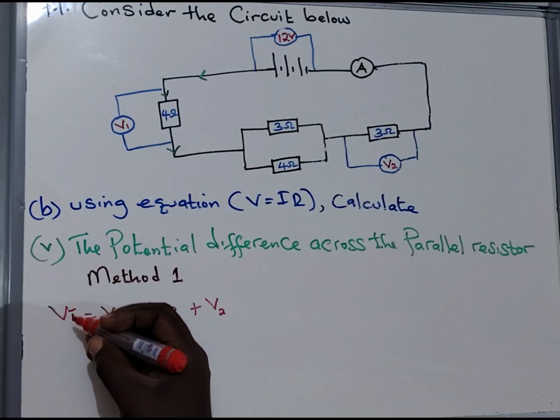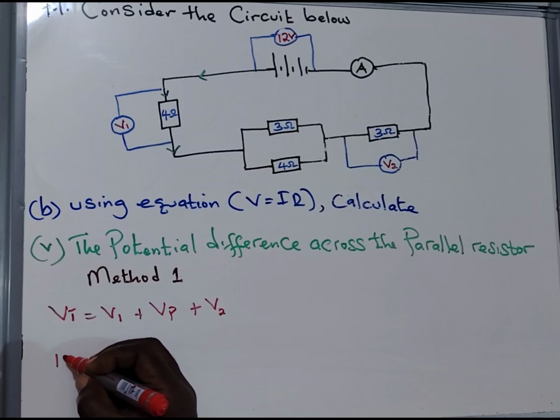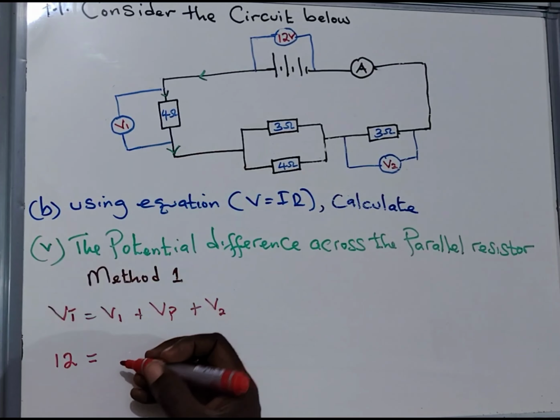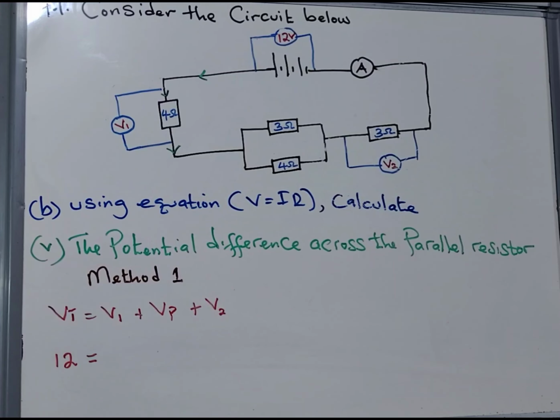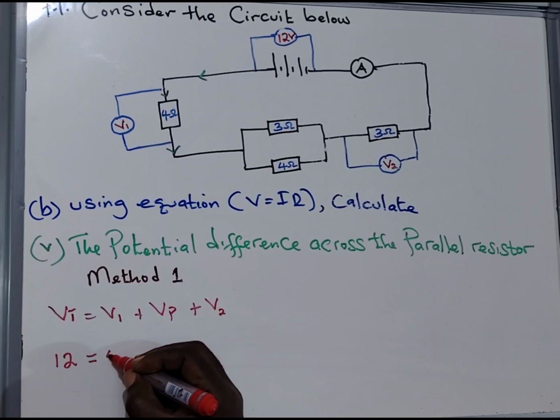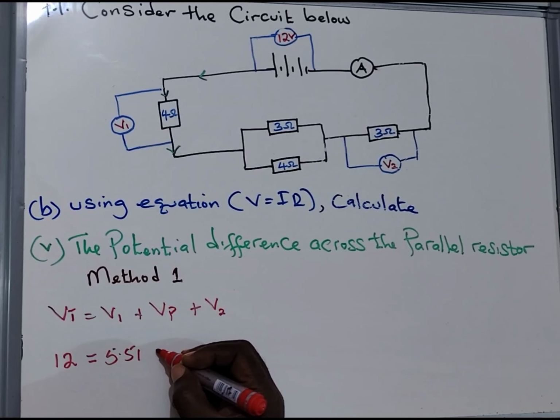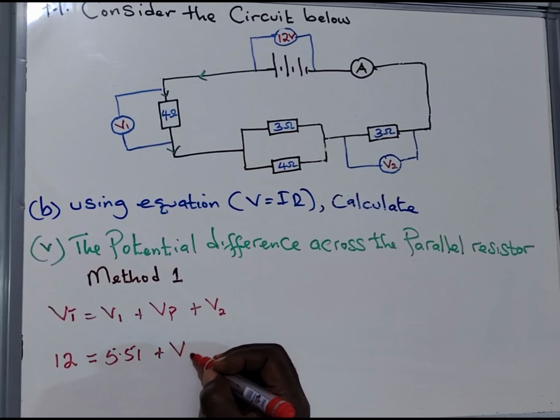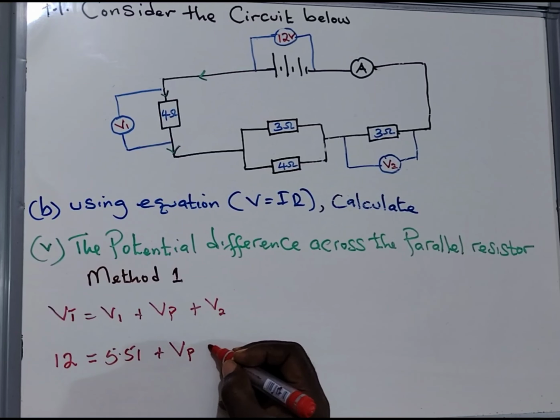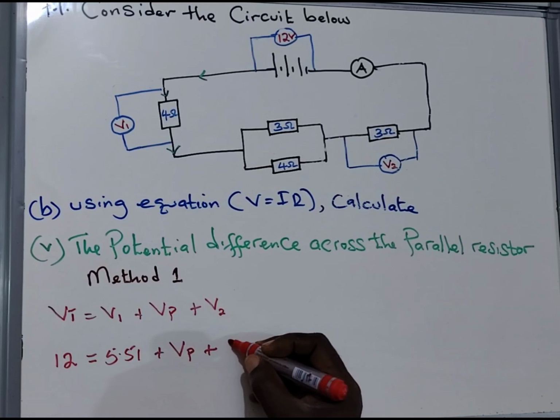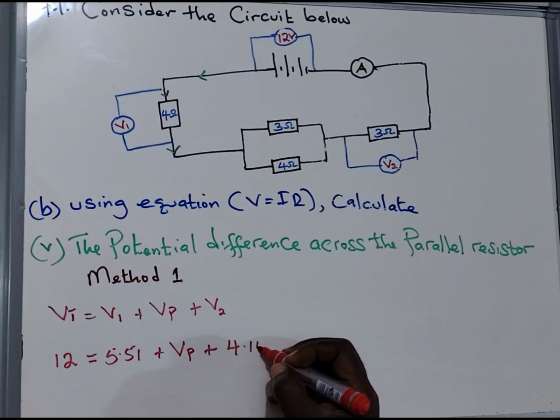And VT is known, it is 12 volts. V1, we calculated it as 5.51. VP, we don't know it, but we calculated V2 as 4.14.